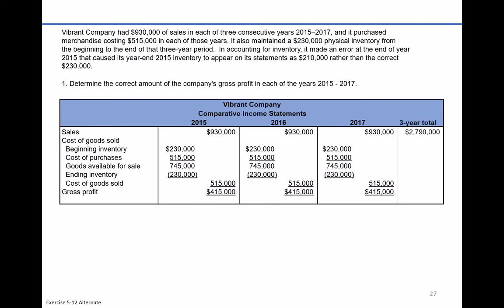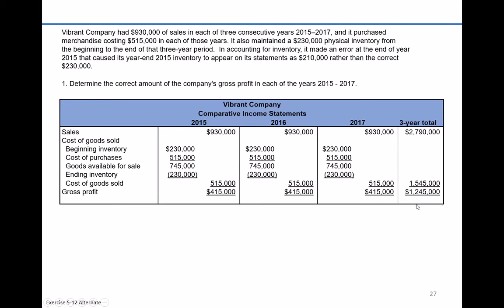All 3 years together, sales total up to $2790, cost of goods sold to $1545, and gross profit $1245. So this is the correct way. Now notice that everything is smooth. Gross profit is $415, $415, $415. We total all 3 years of gross profit together, and that gives us our 3-year total of $1245.